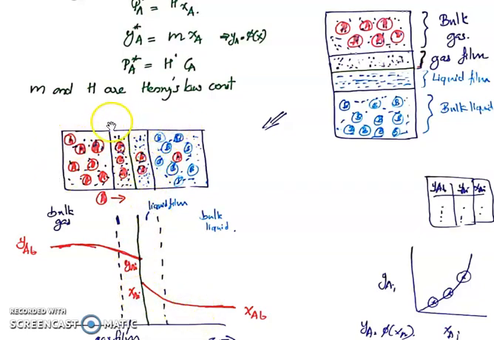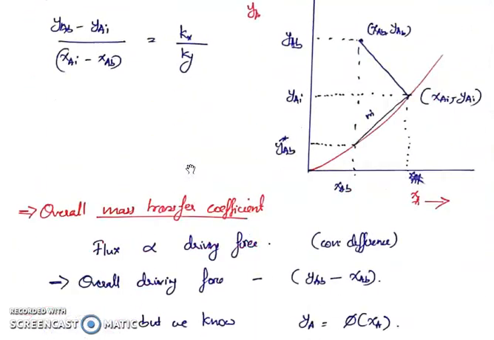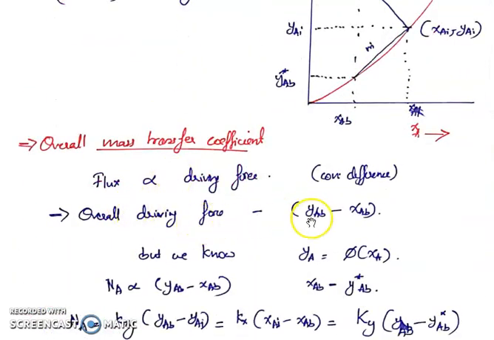But what is the overall driving force? The overall driving force is the overall concentration difference, expressed as mole fraction here, that is YAB minus XAB. So I can write flux in terms of the overall driving force also. Here the overall driving force is YAB minus XAB.